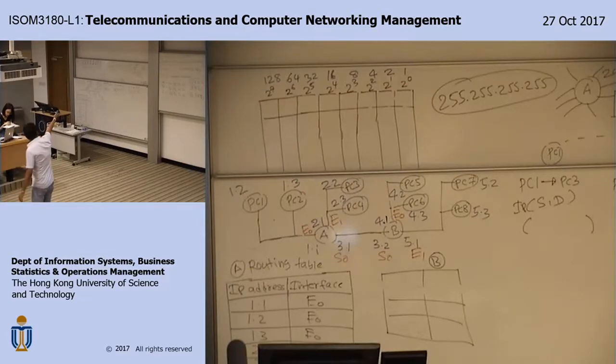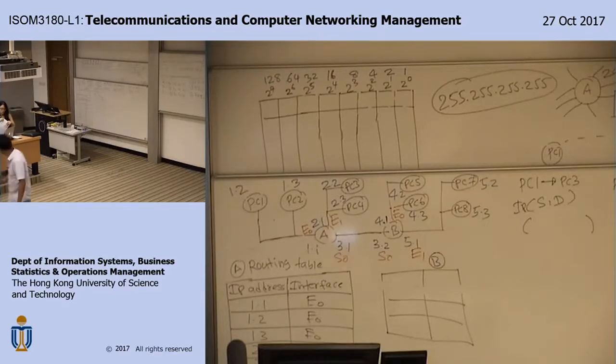How many entries is the router's routing table now? How many entries? Every PC has to have an entry, right? So how many PCs altogether? Simple mathematics. It should be very large. But having a very large routing table doesn't help, so we need to find a solution.